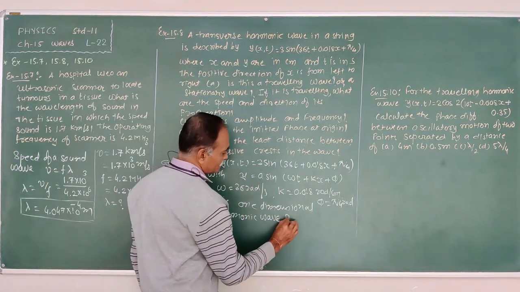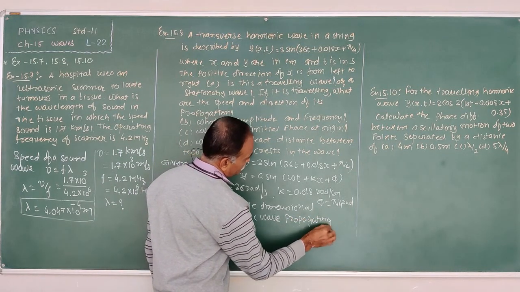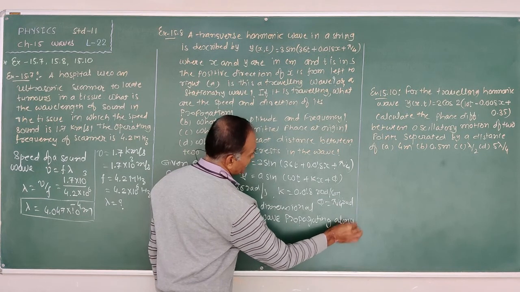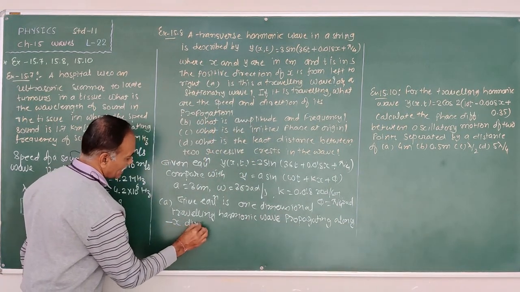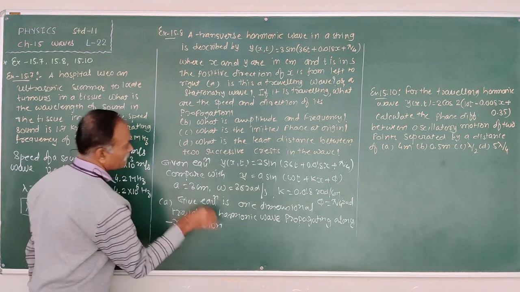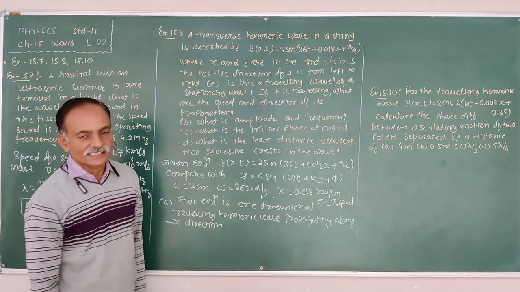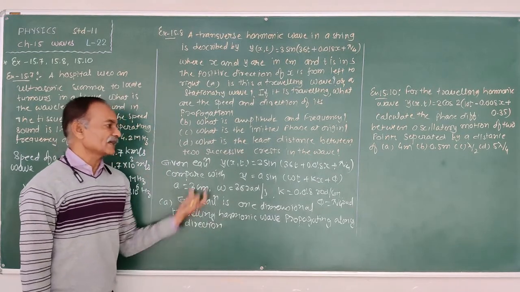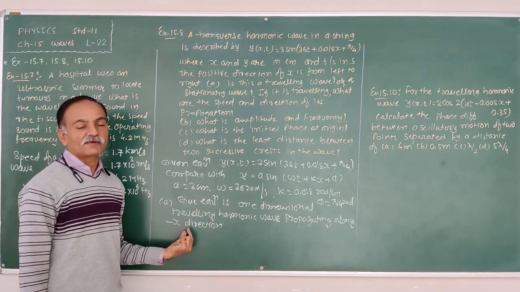First we have to decide whether it is a traveling or a stationary wave. By comparing, we say that it is a one-dimensional traveling harmonic wave.